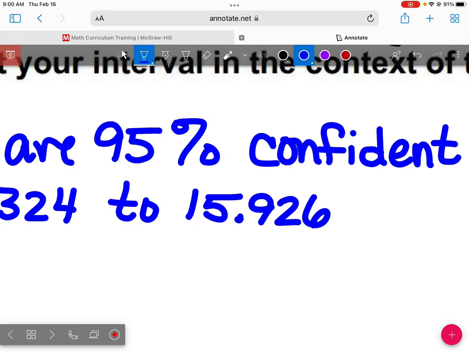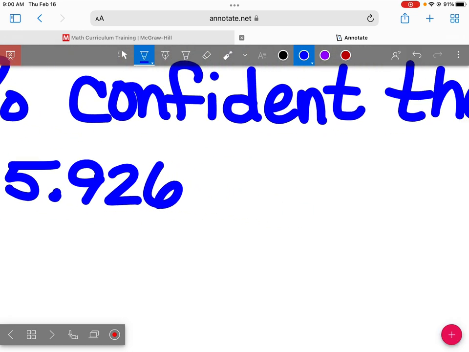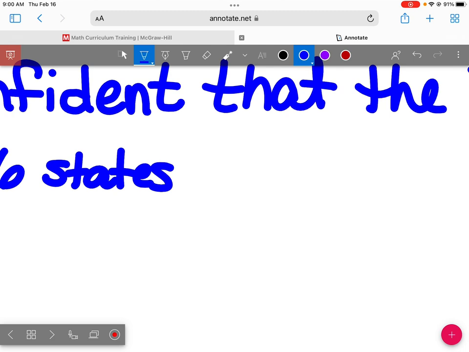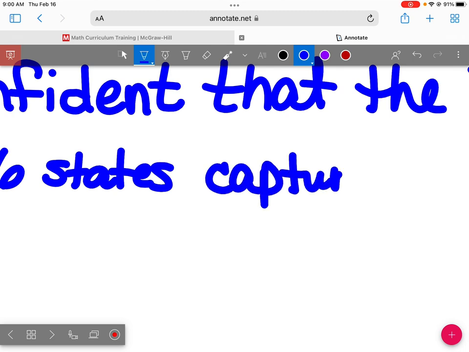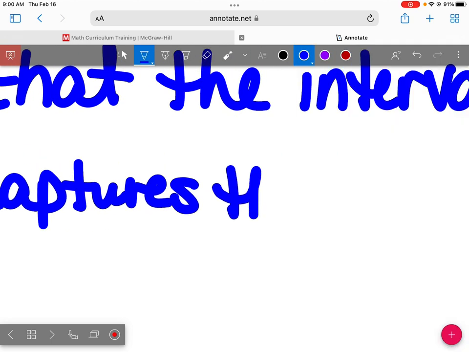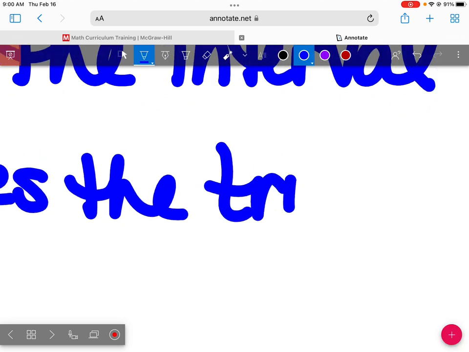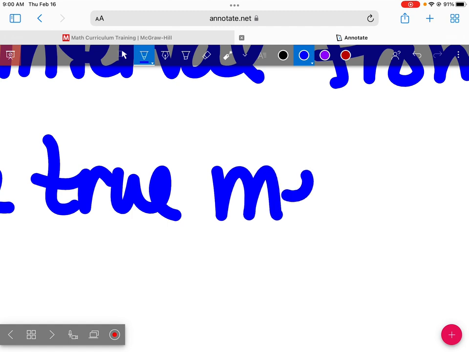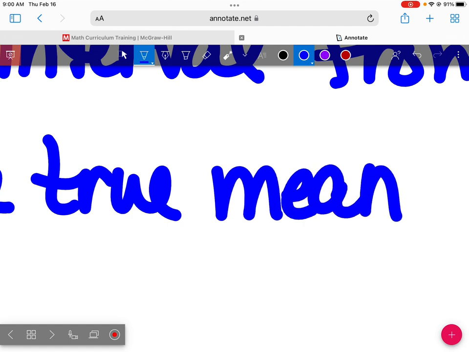What kind of units would I stick on there? States. Captures the true mean, because that's what we were trying to find an interval for.